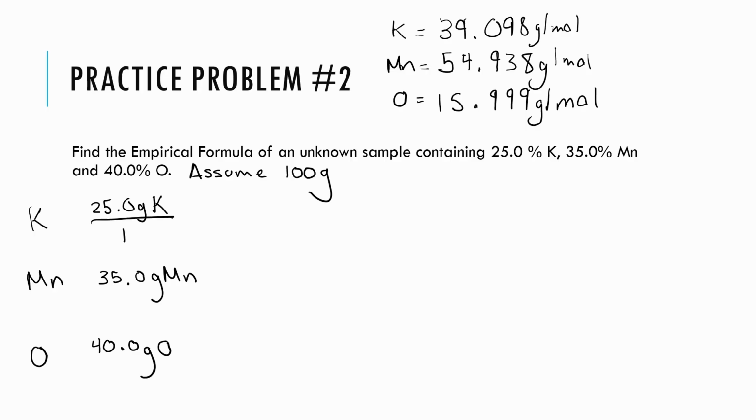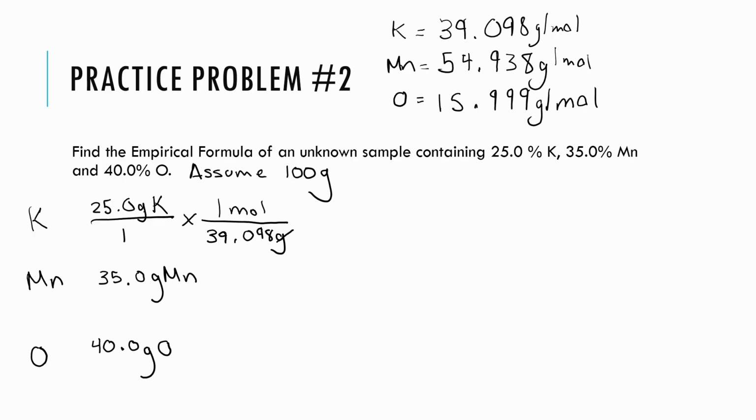I like to put my numbers over 1 so that I can see that grams of potassium is in the numerator of that fraction. I'm going to take my molar mass from up there, which is 39.098 grams, and it's going to be 1 mole on the top.